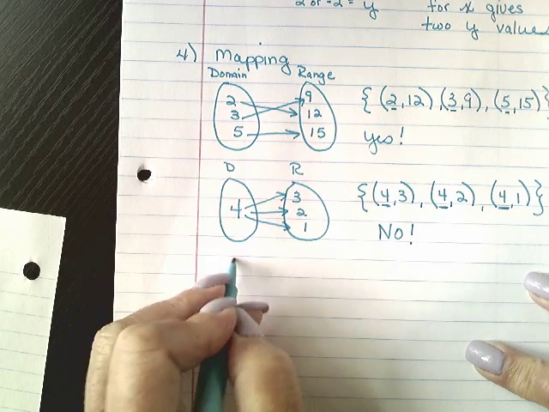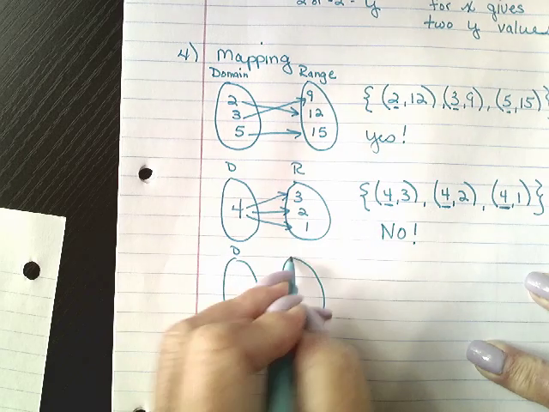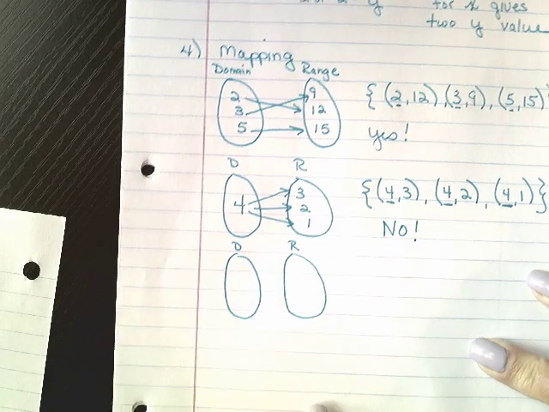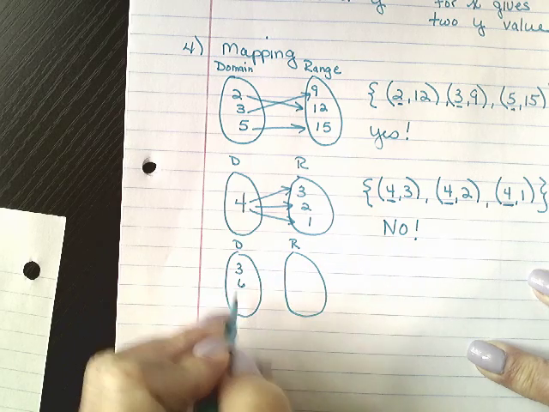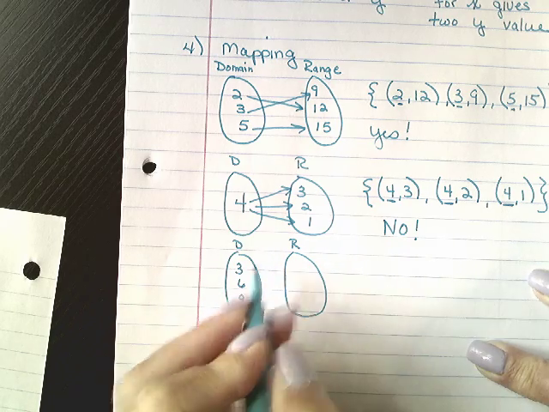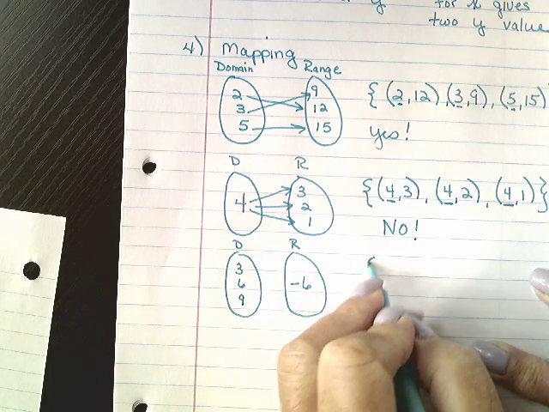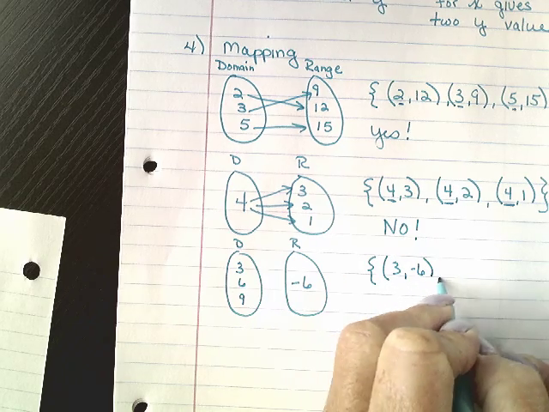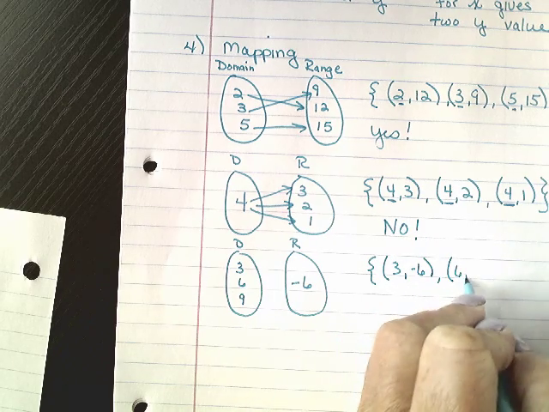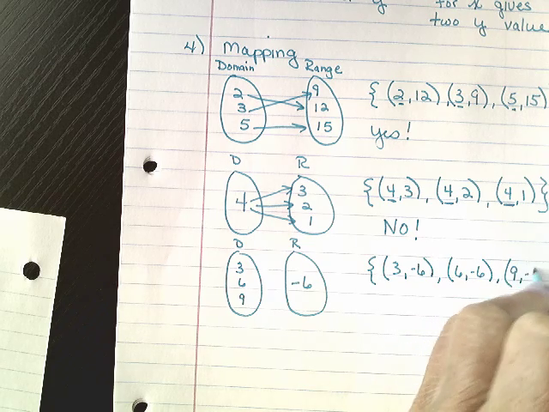All right, one last example. Here's my domain, my range. My domain is 3, 6, 9. My range is -6. I have (3, -6), (6, -6), and (9, -6).